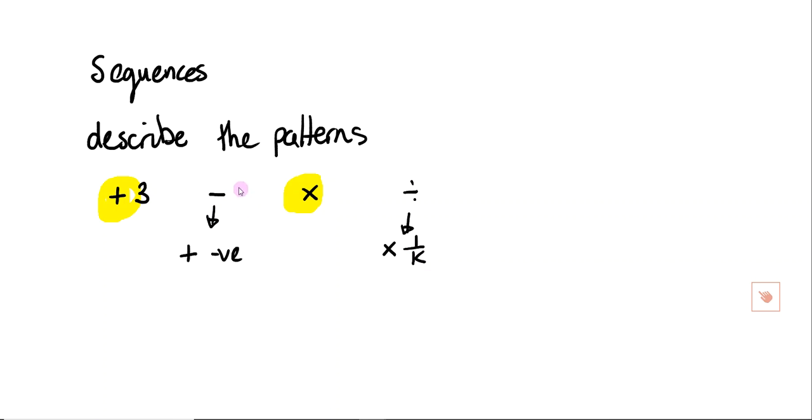If I wanted to subtract 7 every time, I would actually add -7. Okay. If I wanted to times by 2, fine, I just multiply by 2. If I wanted to divide by 3 every time, I would actually multiply by a third.